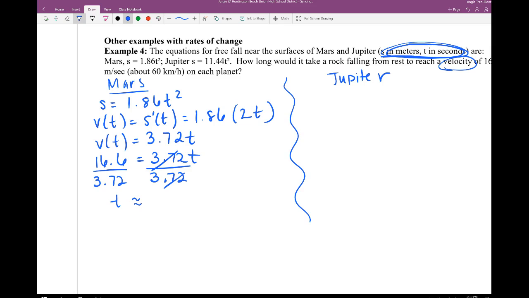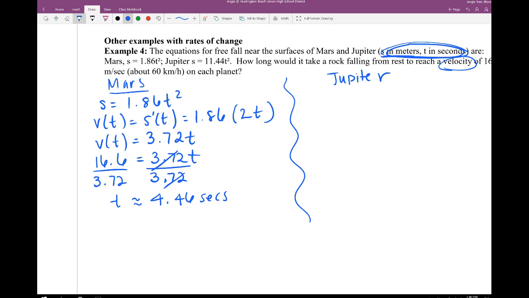You tell me what it is. Let's round it to the nearest 2 decimal places, okay? So about 4.46 seconds. So that's on Mars.